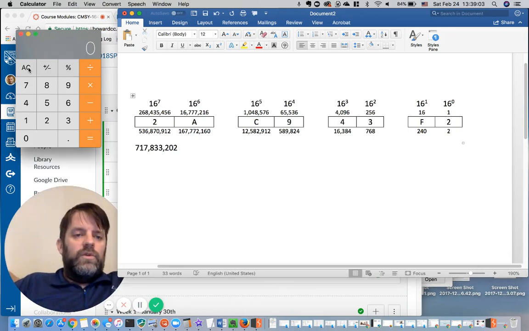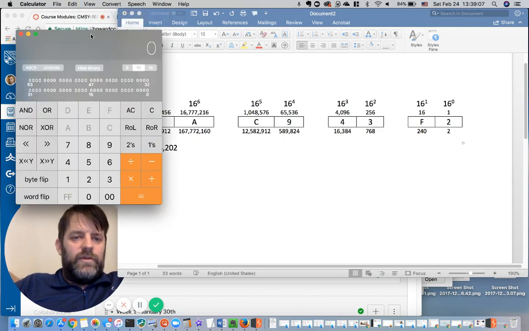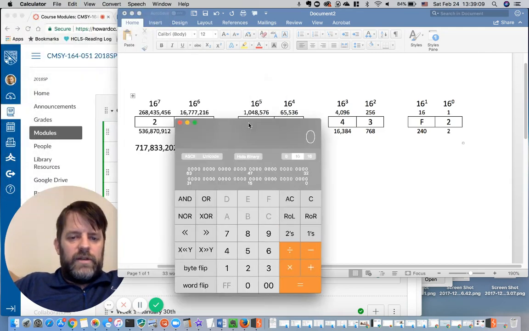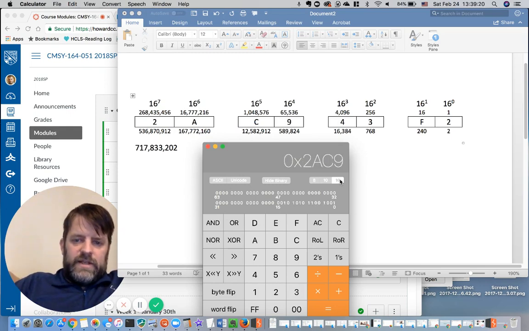You can do it with a regular calculator. As long as we're sitting here at this wonderful calculator that's capable of doing it, let's go ahead and use the programming calculator as well to double check our work. So I'm going to put it into hexadecimal mode. I'm going to type in our number 2AC943F2.